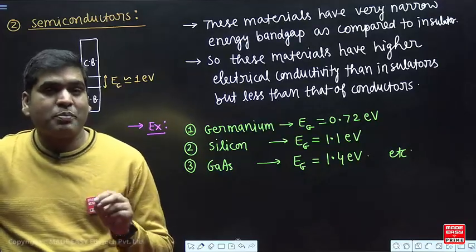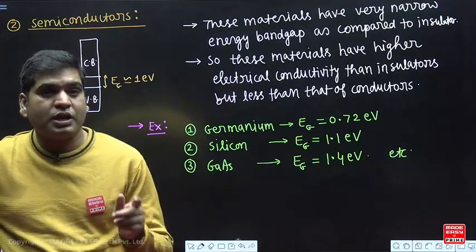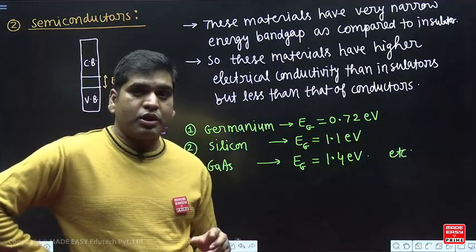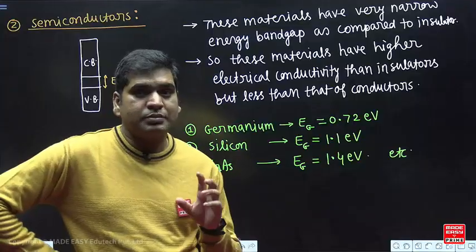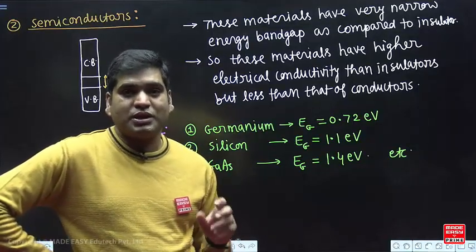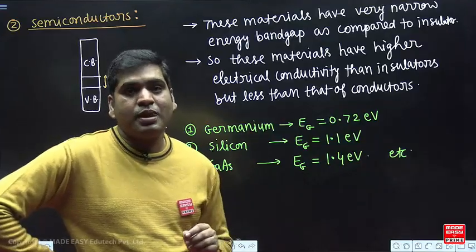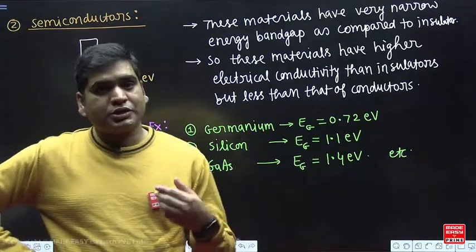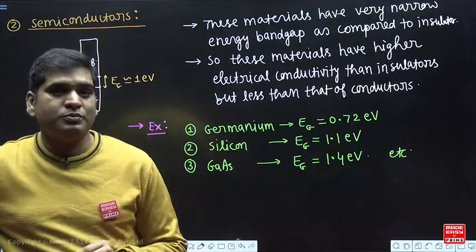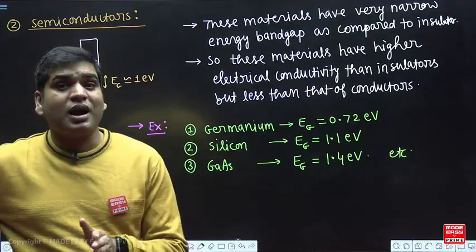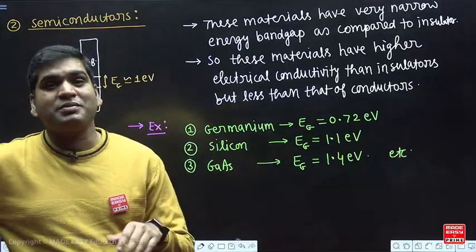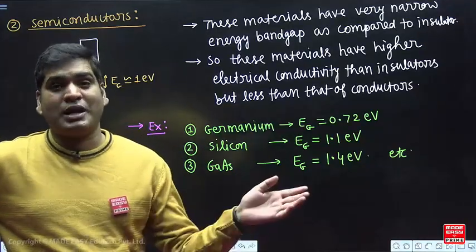So the electrons which are participating in the bond formation are also the free electrons. Now, the electrons participating in bond formation I call valence band electrons, and the electrons participating in conduction I call conduction band electrons. But in metals, the electrons which participate in bond formation are the same ones which are free to move. It means metals are materials in which there is no separate band. Valence band and conduction band overlap.